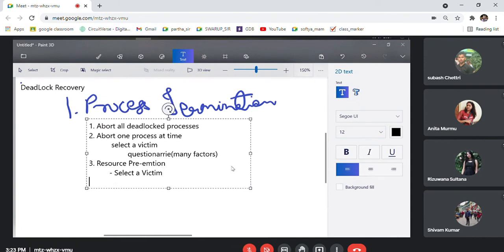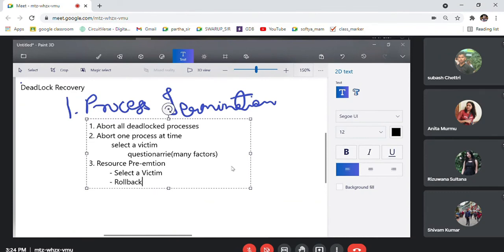The other way, if you do not want to snatch resources from any process, is to roll back. If we preempt a resource from a process, what should be done with that process? For example, let us say process P1 has the printer. Now P2 and P3 both need the printer.